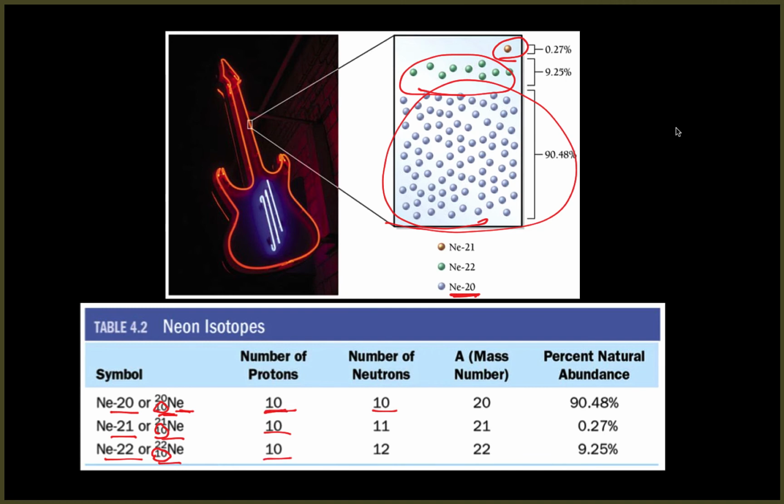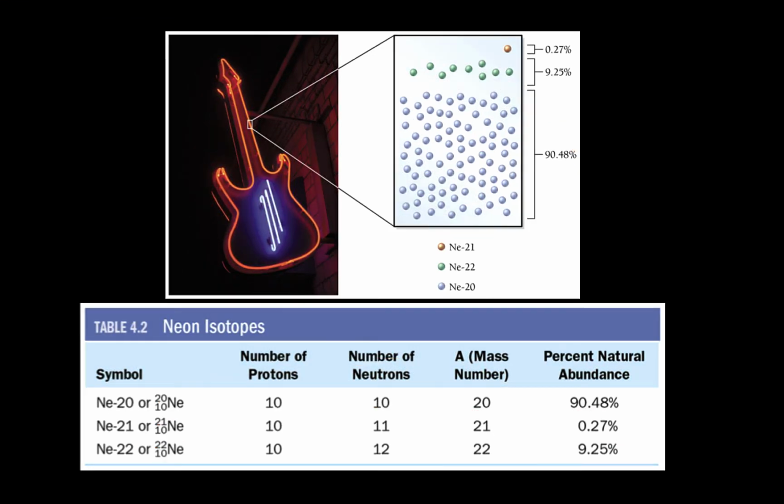If this number changes, then I'm no longer talking about neon. Isotopes, by definition, have different numbers of neutrons. So neon-20 has 10 neutrons, neon-21 has 11, neon-22 has 12. And then you can see that their mass number also reflects that. They each have different masses, even though they're the same element. The natural abundances we'll talk about in a couple days when we talk about how to calculate an average atomic mass.